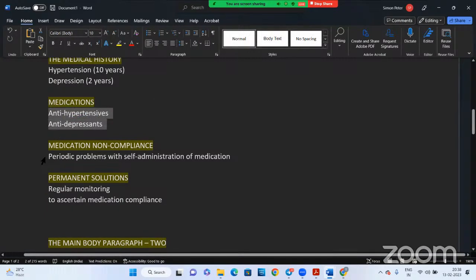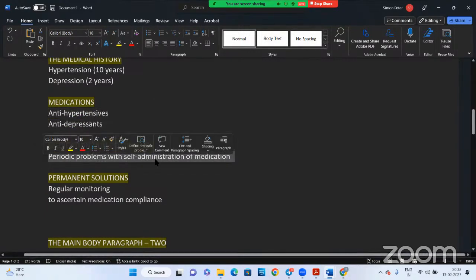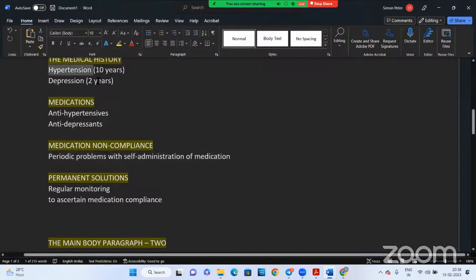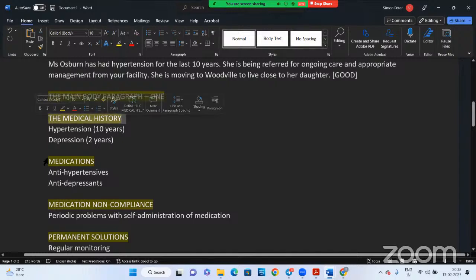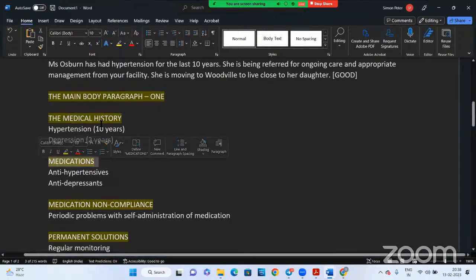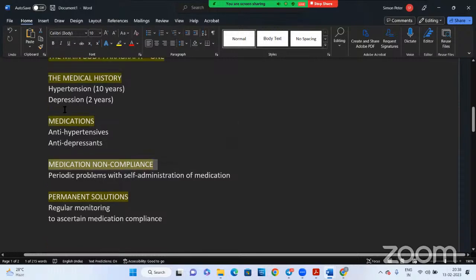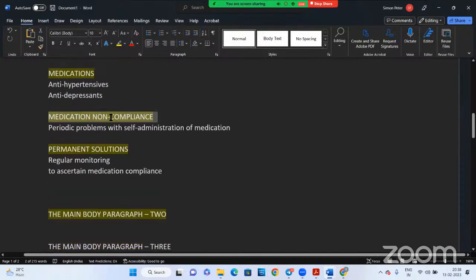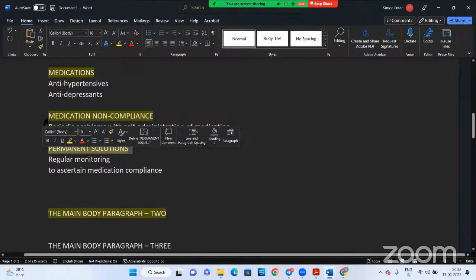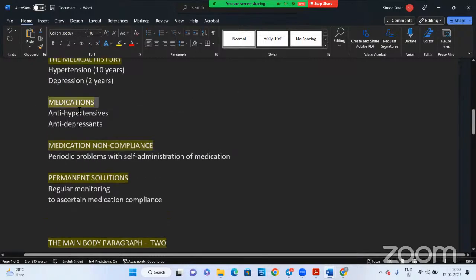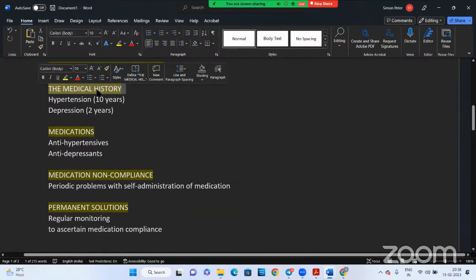But she has problems with medication non-compliance. That means she has periodic problems with administration of medication. So this is a medical condition, and this is the medication for this medical condition. And this is medication non-compliance for these medications. And these are the permanent solutions for this medication non-compliance, in order to manage this medical condition.